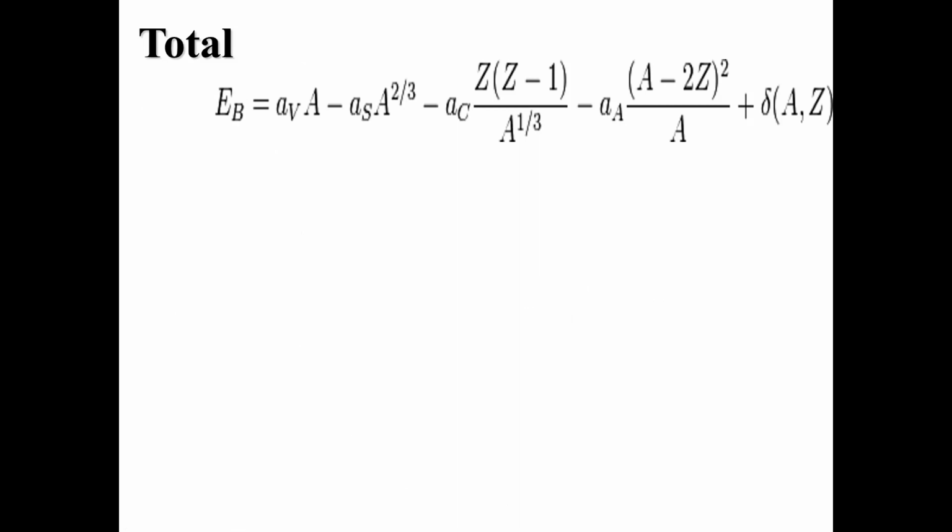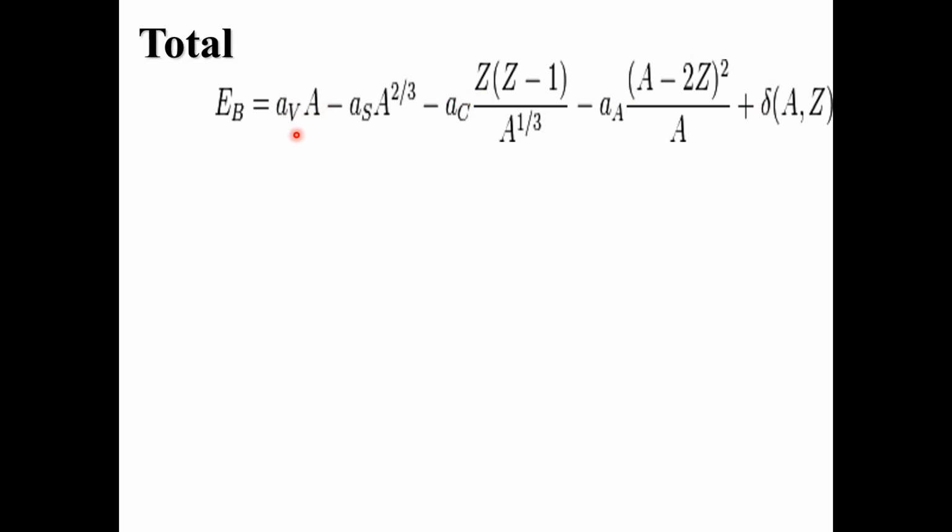If we combine all the terms for the binding energy, we will have the total binding energy in this particular form. That is, we combine the contributions of all the terms.